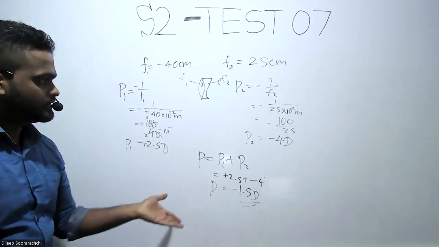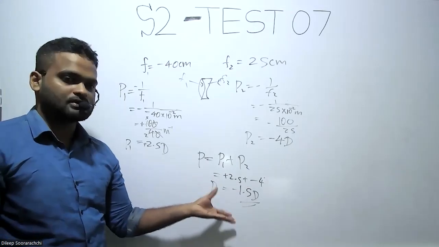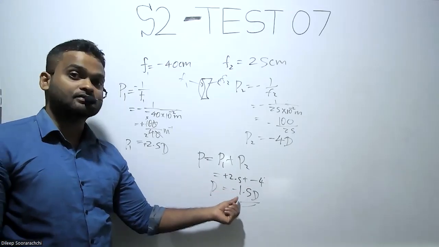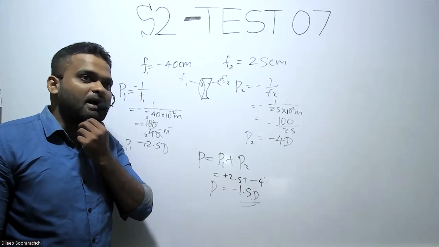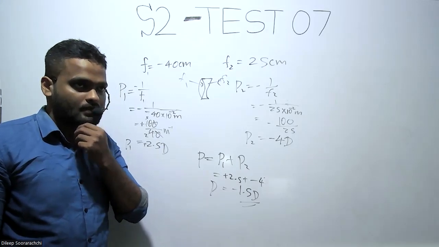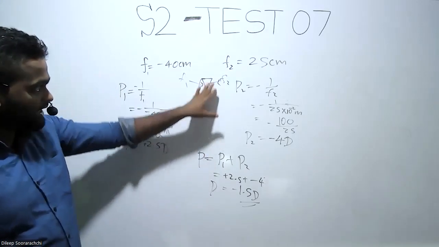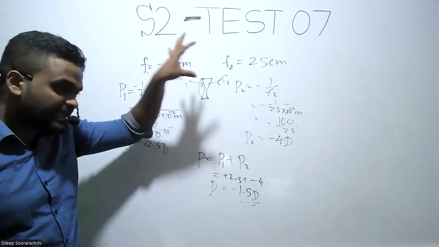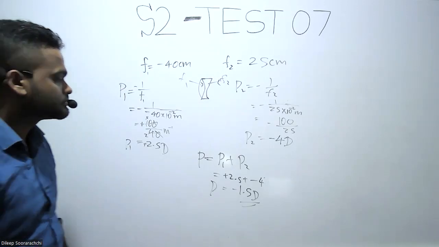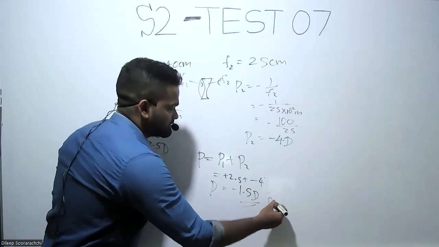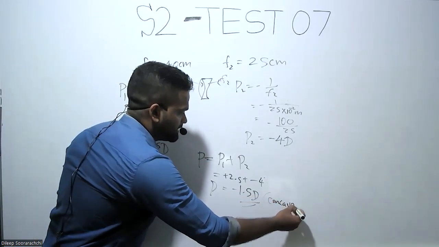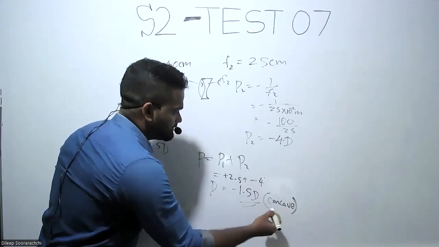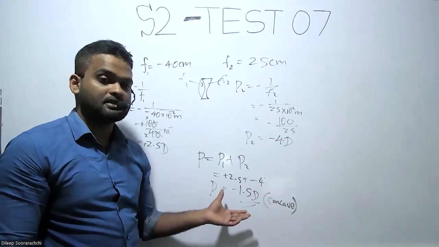We can further know some stuff from this. What you get is a minus value here. If the power is minus, the type of the compound lens should be concave. For the question you don't need that, but to further explain, it's better to remember this stuff, right?